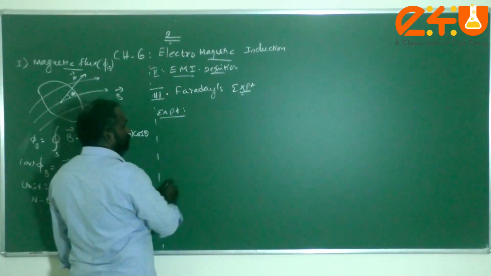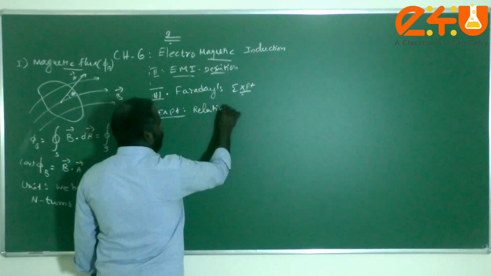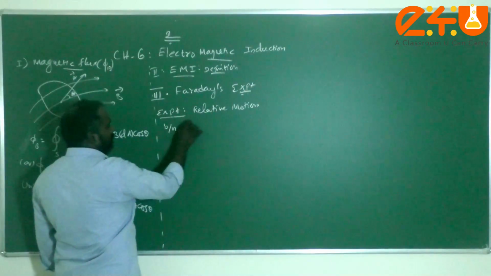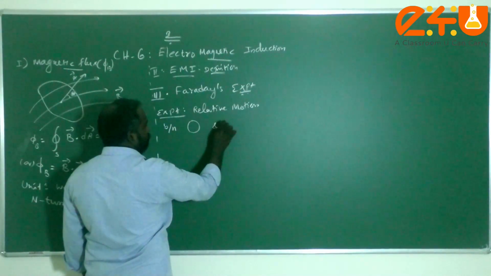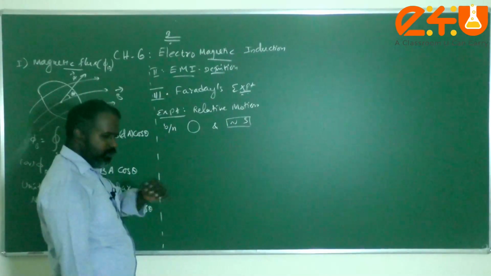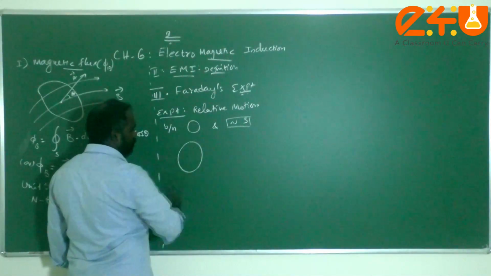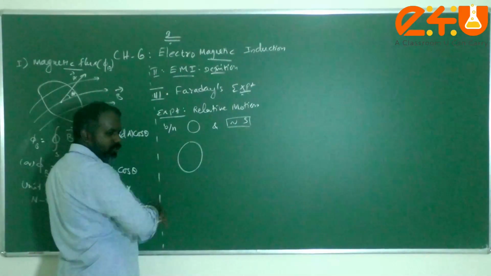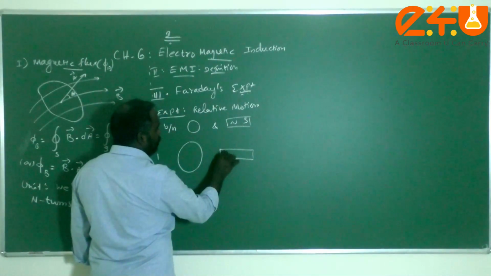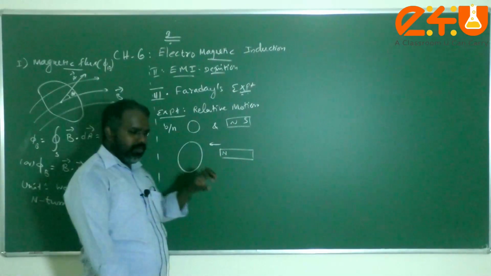In experiment 1, he makes a relative motion between the coil and the magnet. Let us consider a circular coil or a metallic loop, and a bar magnet moving either towards or away from the coil.